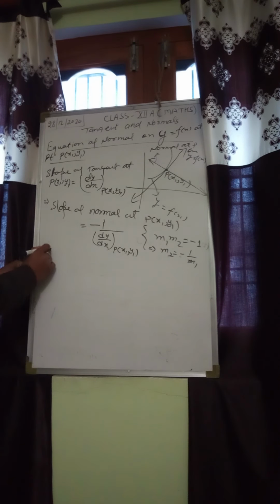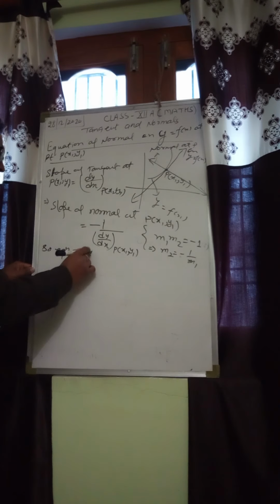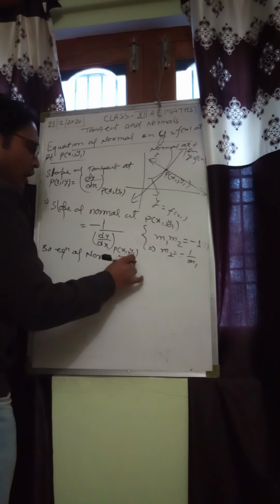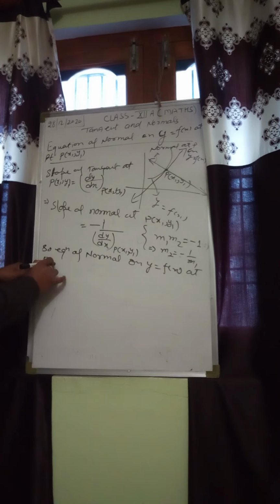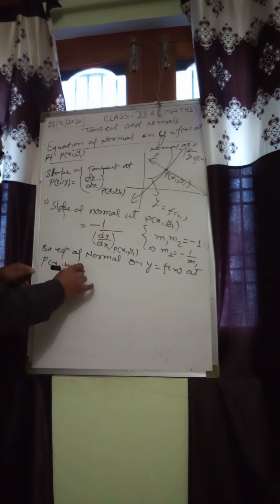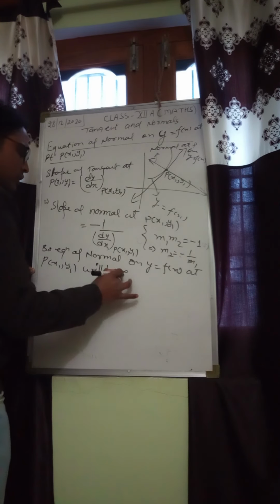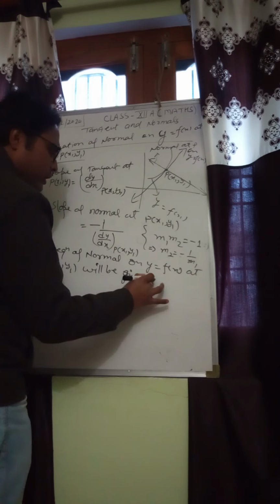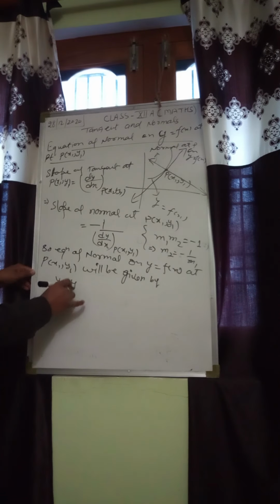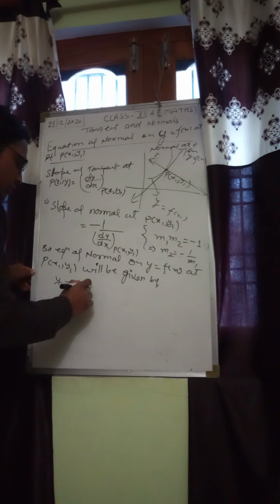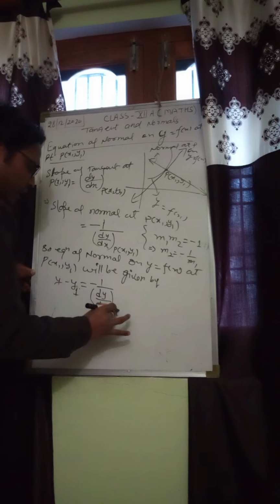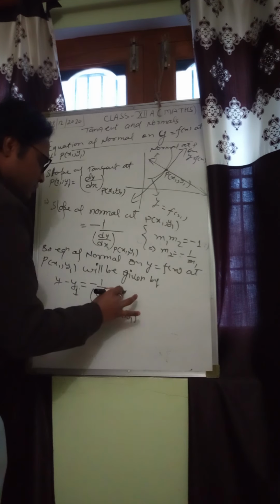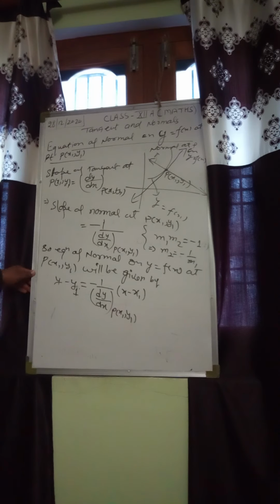So equation of normal on curve y is equal to f(x) at point P(x1, y1) will be given by y minus y1 is equal to its slope, -1 upon dy/dx at P(x1, y1), times (x minus x1). Got it? Okay.